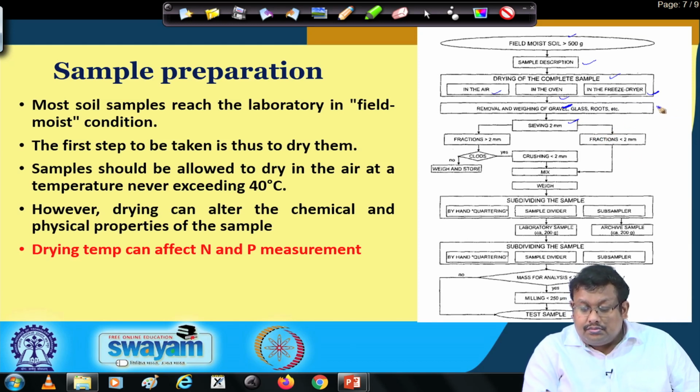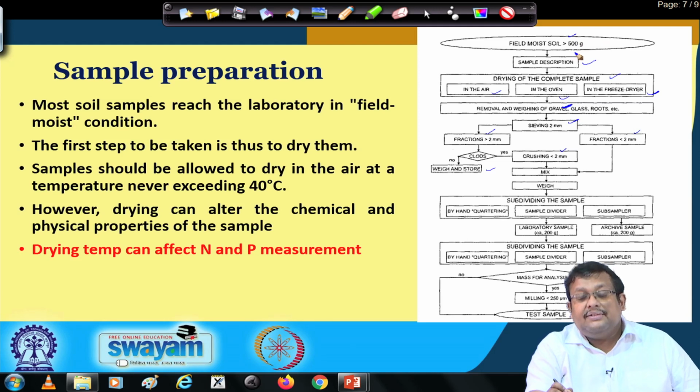Now, after you sieve, you can keep the fractions of more than 2 millimeter and the fractions of less than 2 millimeter separately, and then the fractions which are greater than 2 millimeter, you can further crush to less than 2 millimeter by the milling process, and the clods can be further crushed and mixed, and those fractions which are less than 2 millimeter can be mixed well. If there are no clods, then we can just weigh and store.